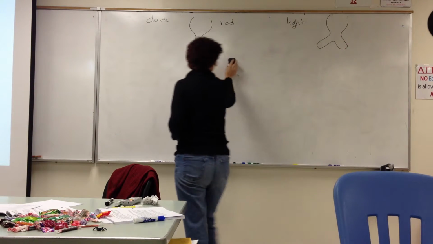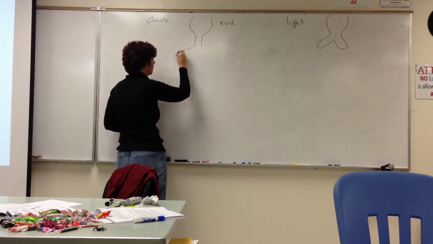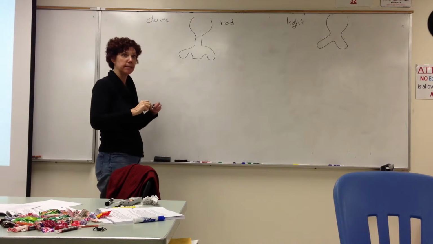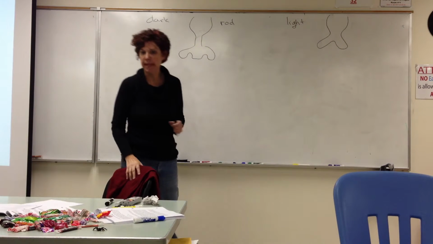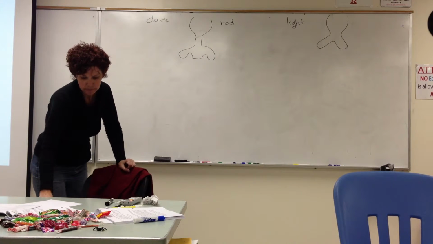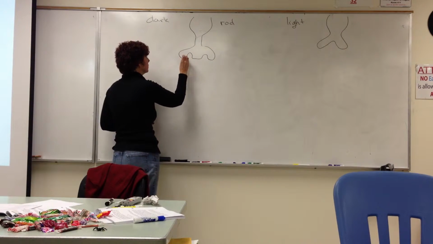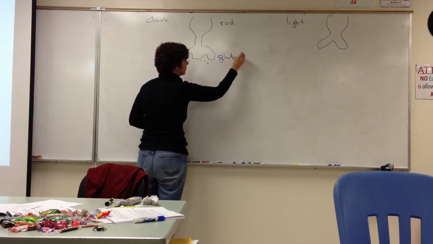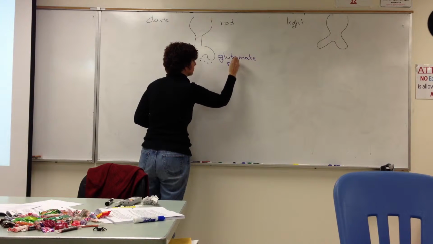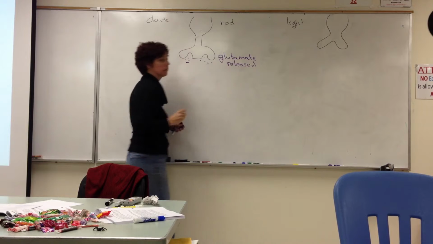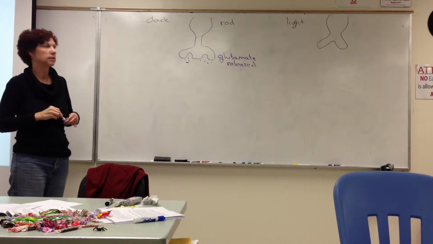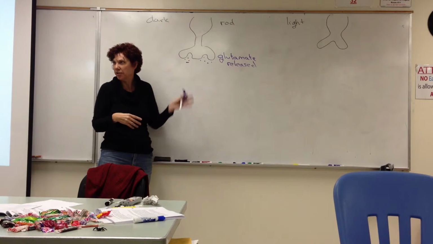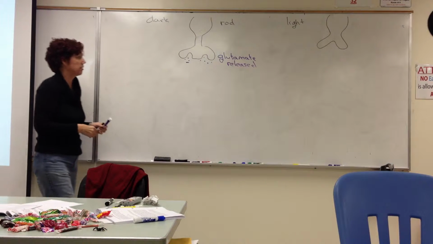So in the dark, we are releasing the neurotransmitter glutamate. That's what we just went through. So our calcium channels are open, a graded potential has been coming down. All right, so our dark current.